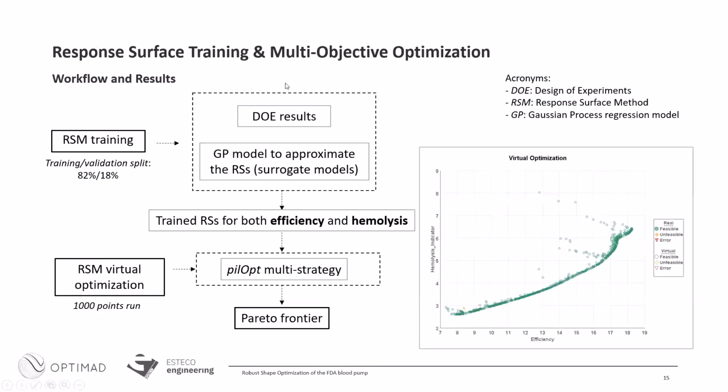Starting from the DOE results, we used a Gaussian process regression model to approximate 2 surrogate models, one for efficiency and one for hemolysis.